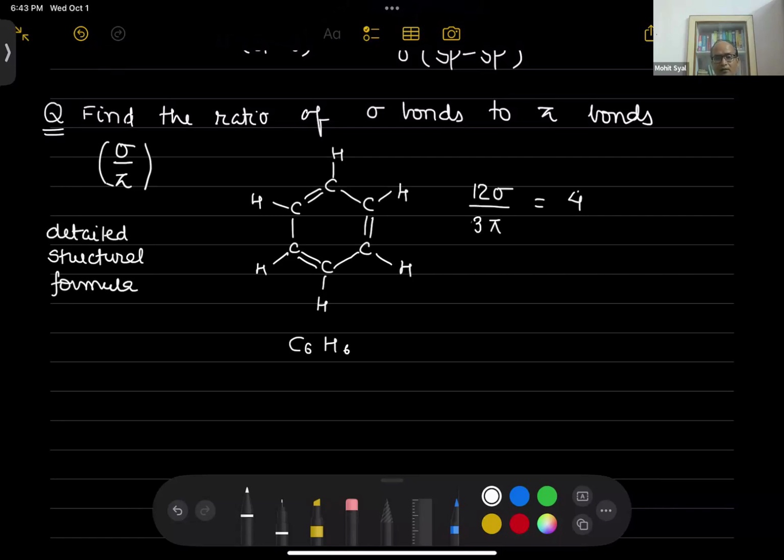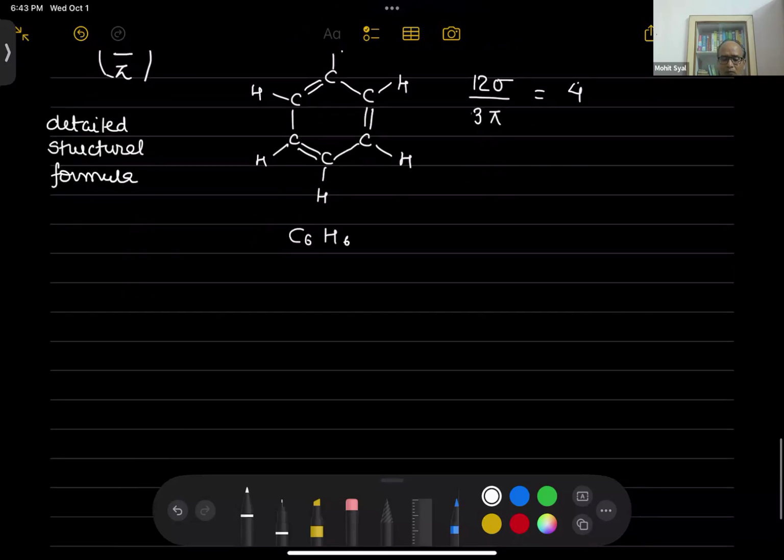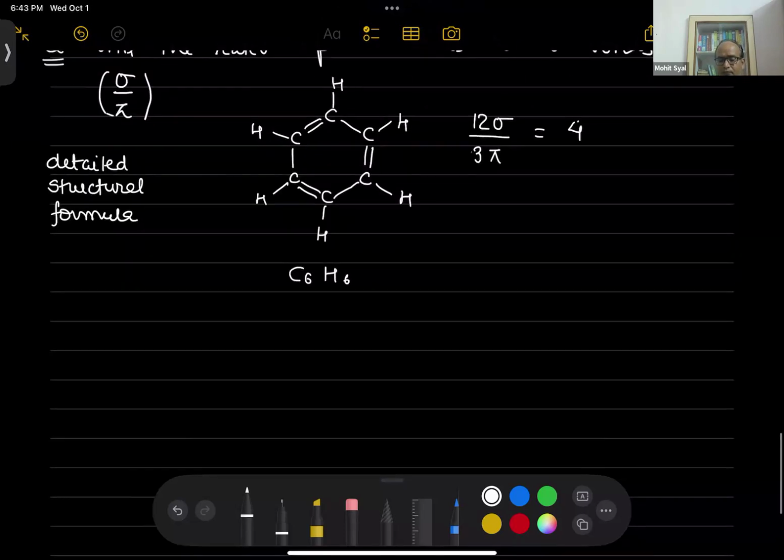But it is a time consuming process, because from now onwards in class 11th and 12th, the molecules will be so big that it will not be possible for us to draw and show each and every atom. Is it clear? So what we try to do is save time by writing the condensed structural formula.